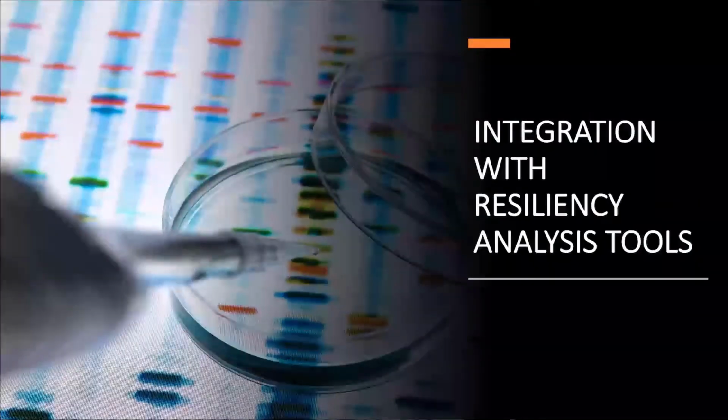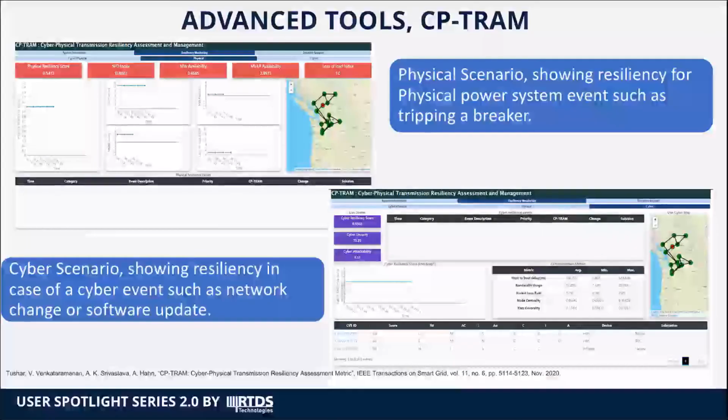Now let's talk about the integration with resilience analysis tools. The tools we have developed in our lab and integrated with our testbed are developed with the goal of assisting operators in real time in understanding the state of the power system. The first tool that I'll be talking about is called CPTRAM.